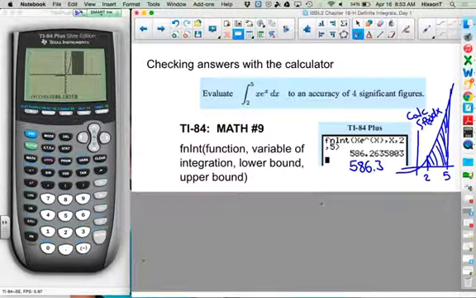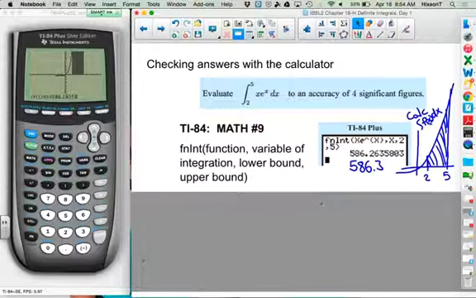Don't just write plugged into my calculator and here's the answer. That's not gonna fly. But a little sketch like that you can write down, and that'll be sufficient to show your work.